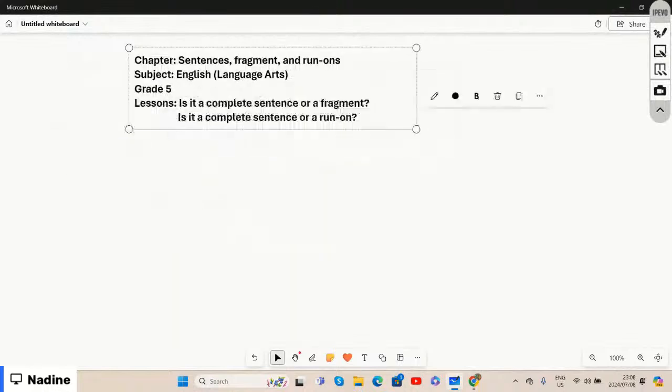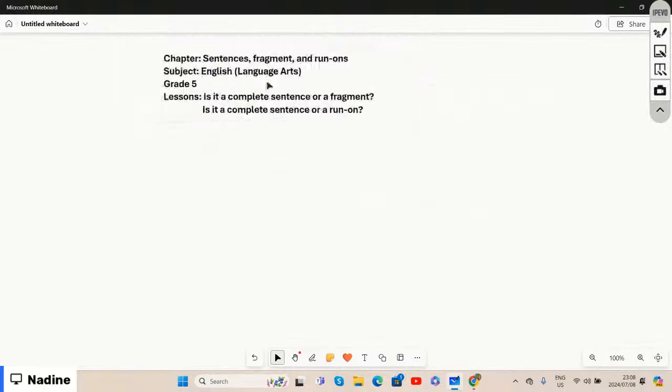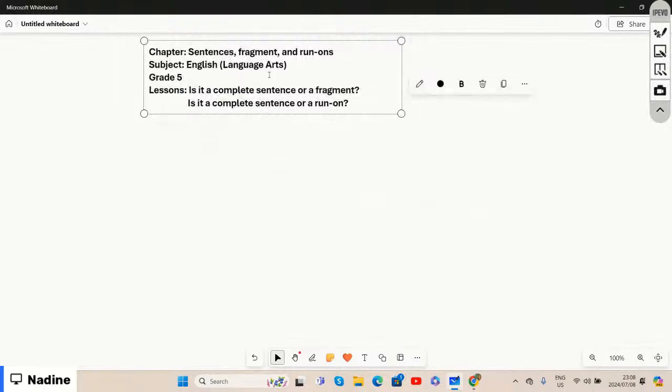All right. So when it comes to a complete sentence, we said that a complete sentence has a subject and it has a verb, right?